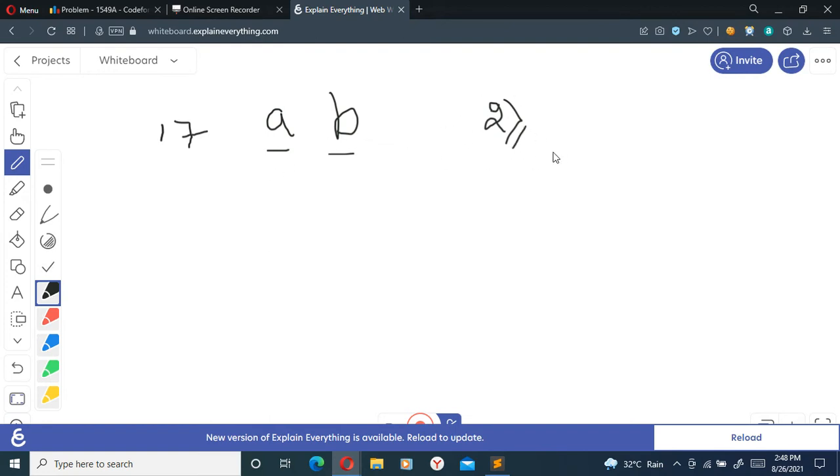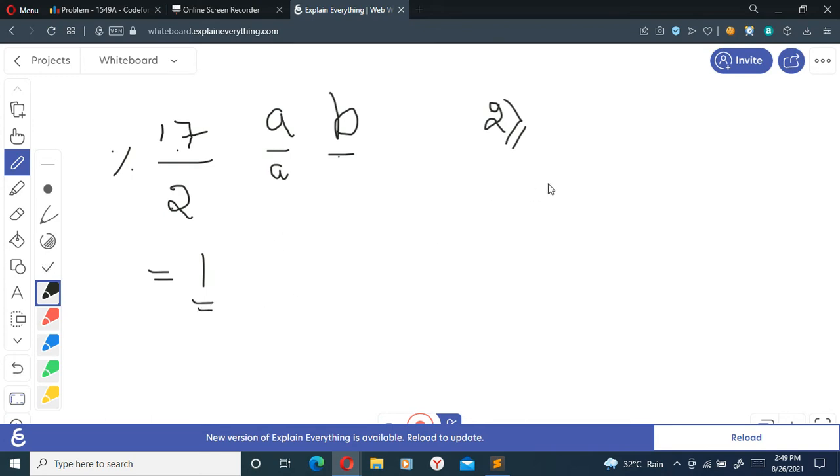This can never be less than 2. Let's say my a's value here is 2. What am I getting as the remainder? Doing the mod operation, we get the remainder as 1. So I need to take such a value of b that if I divide 17 by b, I will get the same remainder.